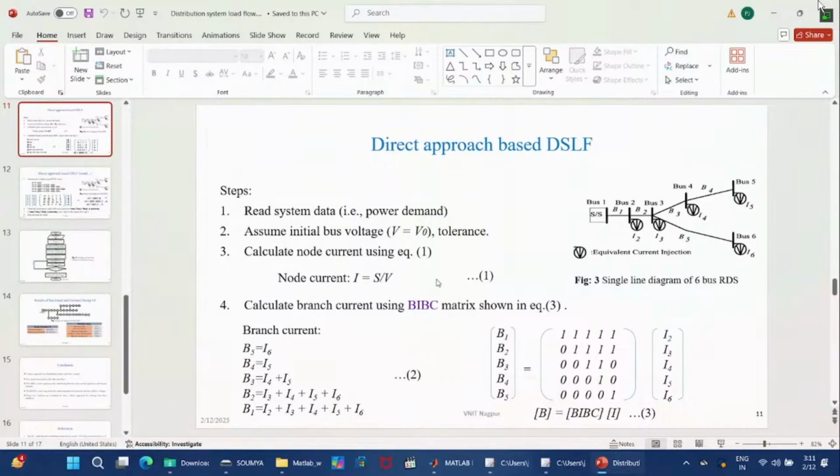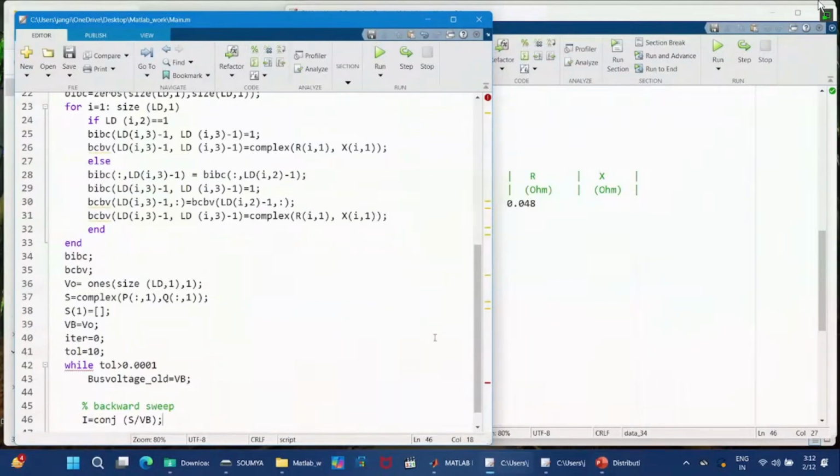Till now what we have done is formulate the BIBC and BCBB matrices. Right now we are going inside the iterative loop. So our first step was to calculate the node current, and we can calculate it using line number 46. The moment our node current is known, we can calculate the branch current also.